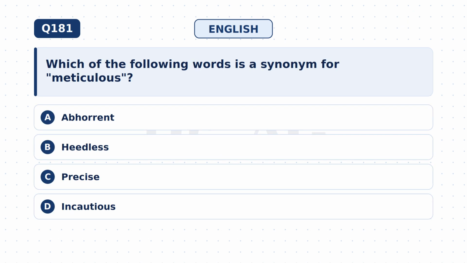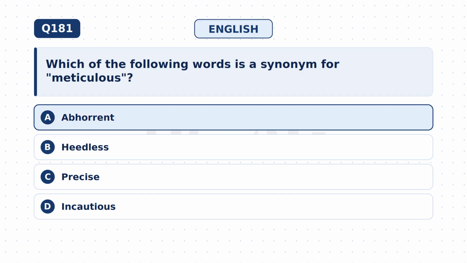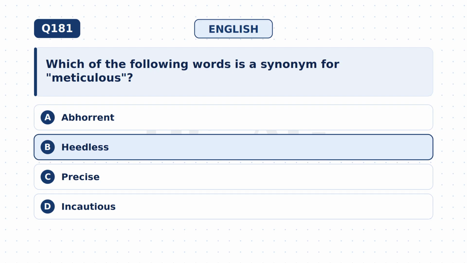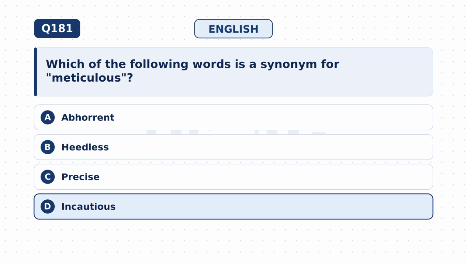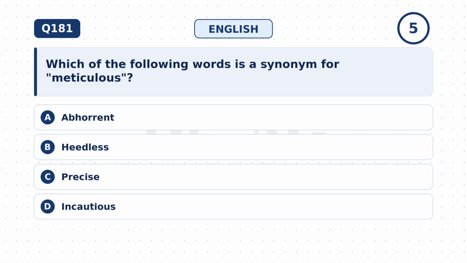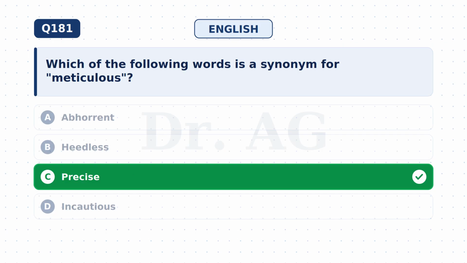Question 181. Which of the following words is a synonym for meticulous? Option A, abhorrent. Option B, heedless. Option C, precise. Option D, incautious. The correct answer is C, precise.